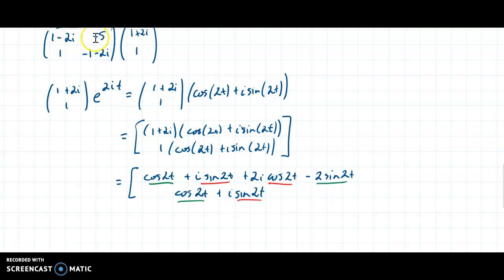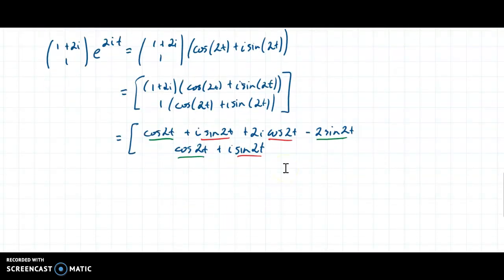So the greens go into one vector, and the reds go into another vector, and those are my two solution pieces. So my solution, x of t, is equal to c1 times this plus c2 times this.